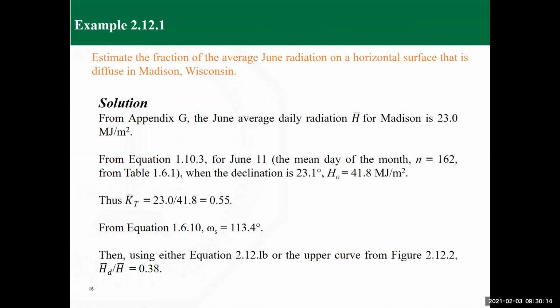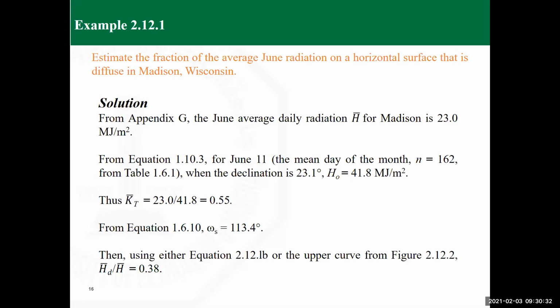Again, we're talking about Wisconsin, Madison, so values that we need here might be taken from the previous example, basically from equation 110.3 of calculating H naught. Again, H naught can be calculated either from a correlation, a figure, or a table.